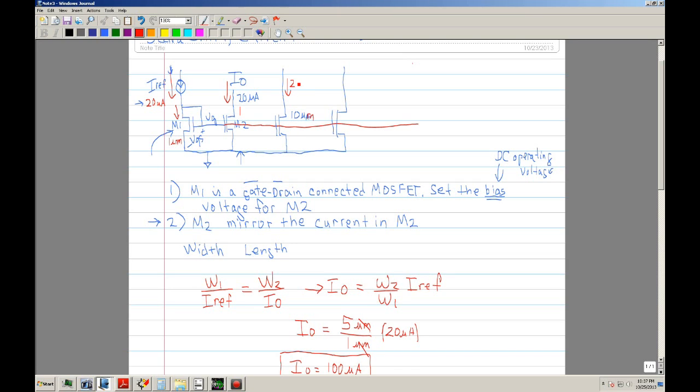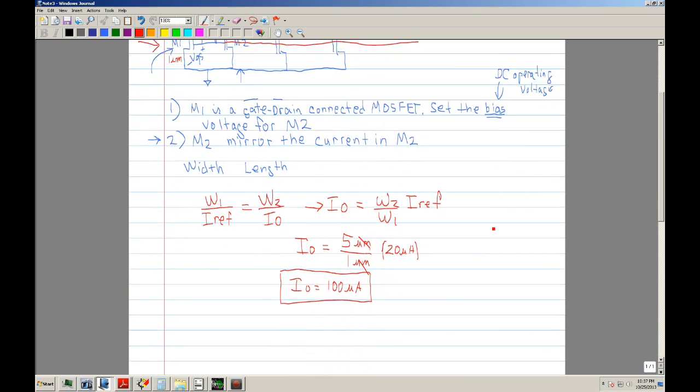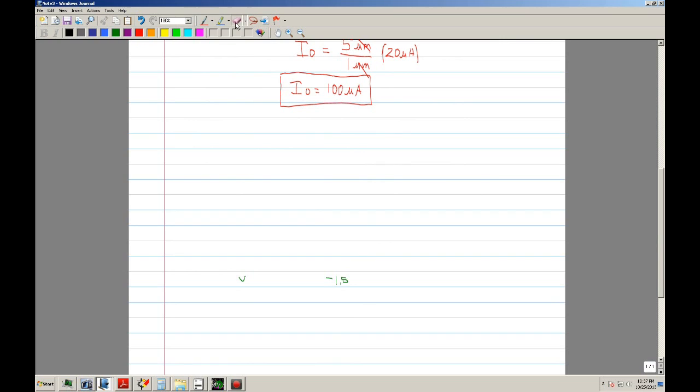So that would be 200 microamps, and so forth. You can have a whole slew of different currents, and all of those are controlled by one MOSFET. This is a very basic circuit that is used in integrated circuits.